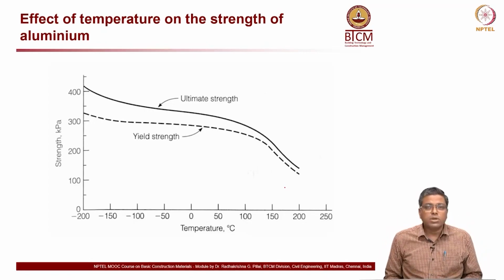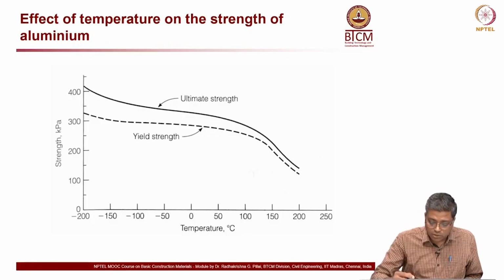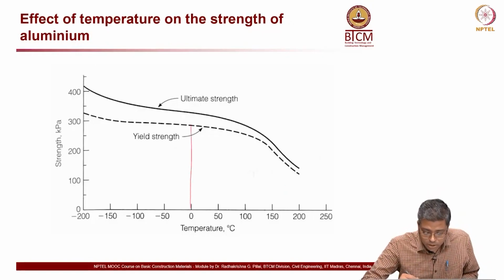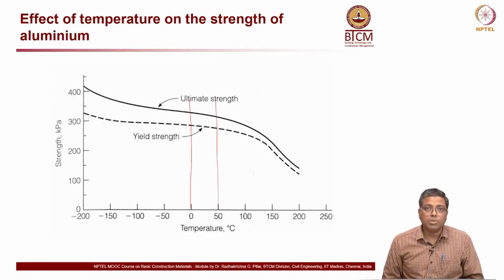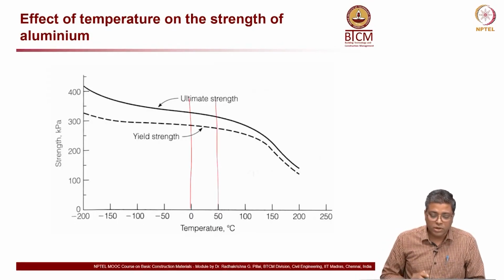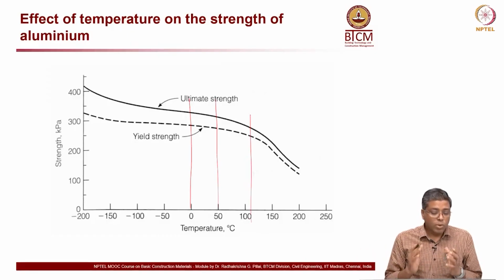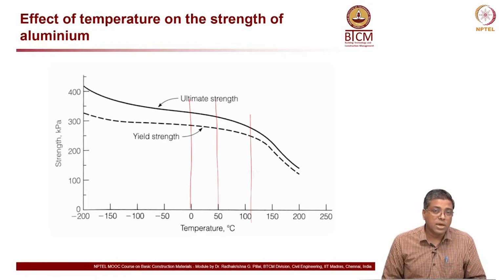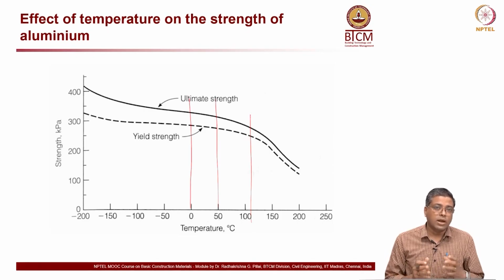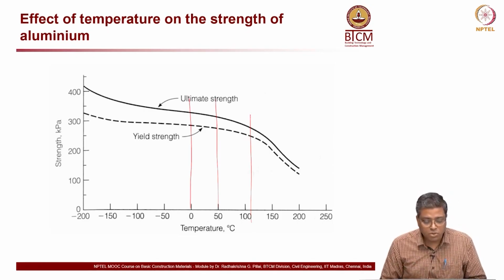Now, what about the effect of temperature on the strength of aluminum? So, let us say for typical environmental temperature conditions, 0 to 50 degrees Celsius, you do not see much variation, it is okay. But if the temperature goes to 100 plus, this limits the use of aluminum for many chemical plants, where you can have fluid with high temperature going through.